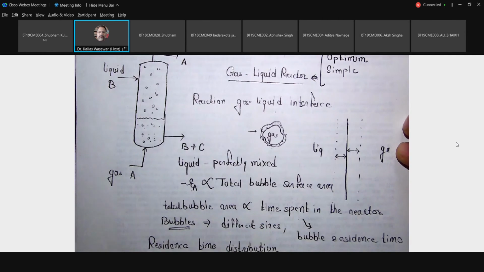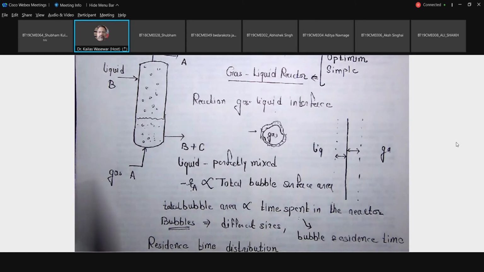That means, in an ideal reactor, it is very fixed. In a batch reactor, each and every element spends the same time. In a PFR, it moves across the length of the reactor. In an MFR, as soon as it enters the reactor, it is converted, so there is uniform concentration. These are the ideal ones.